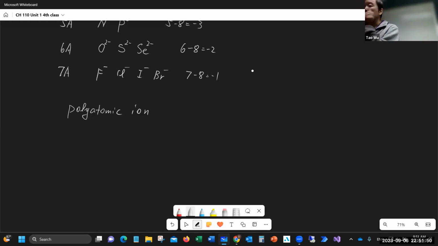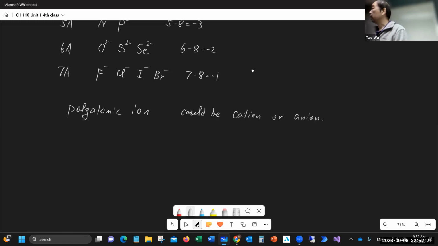But a polyatomic ion is made by multiple atoms, and it could be a cation or an anion.